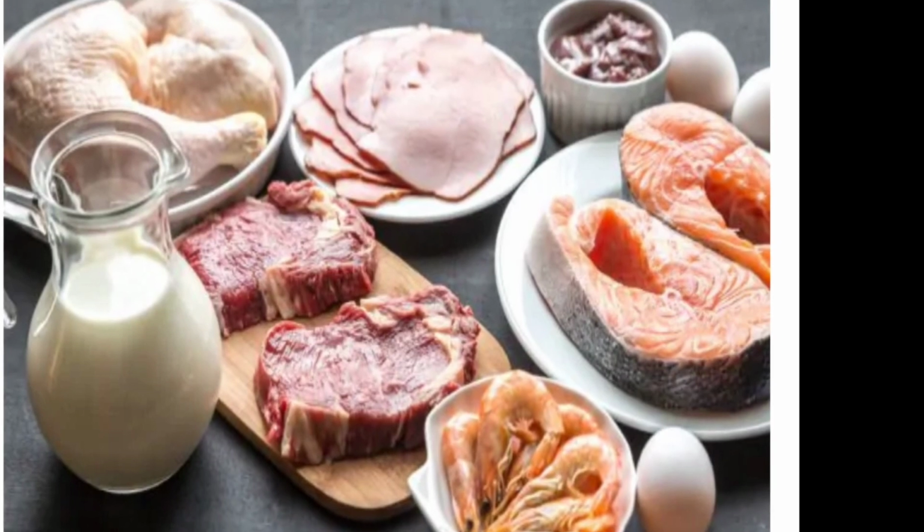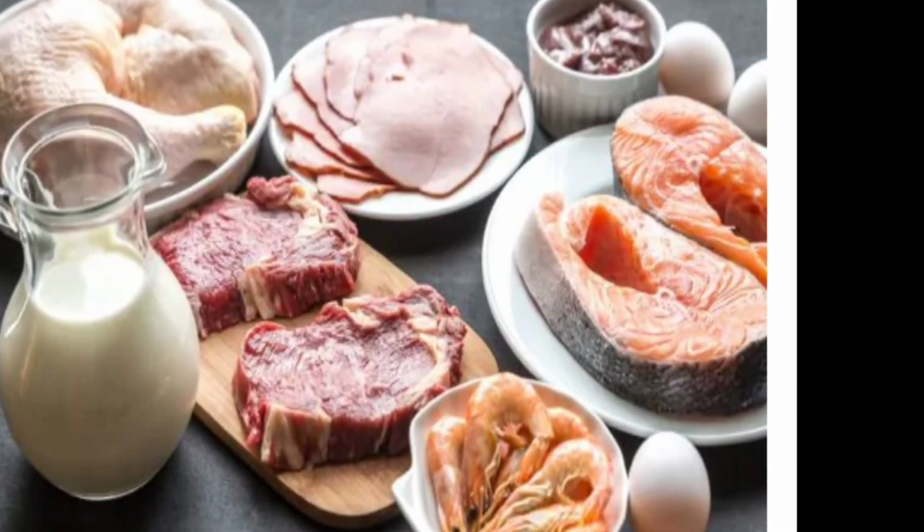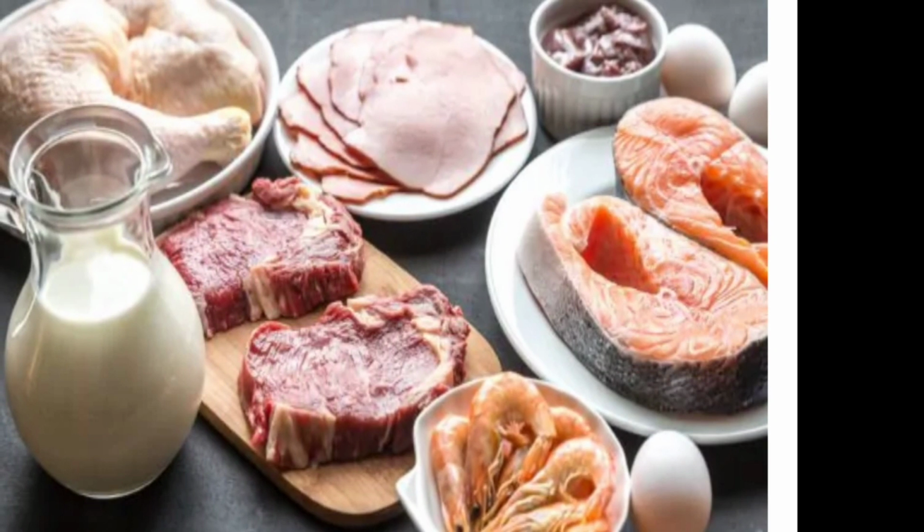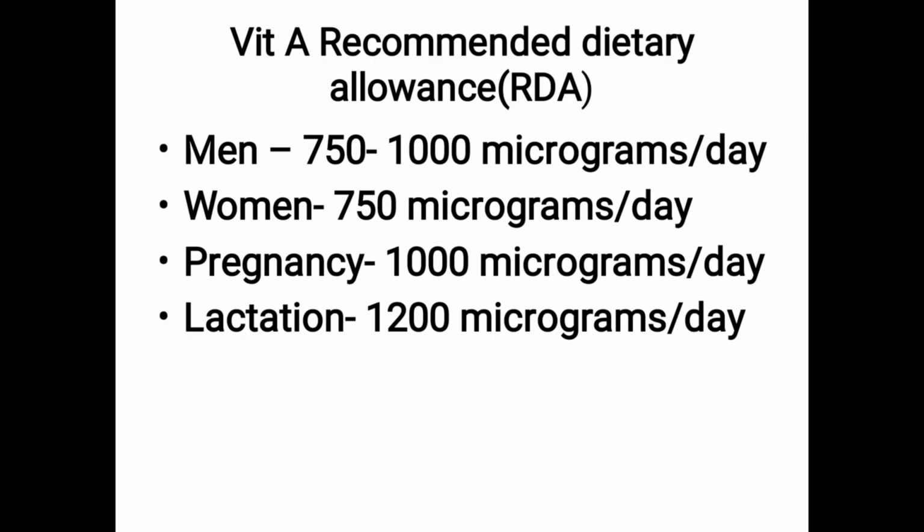Egg yolk and the liver part are rich, and fish liver oil is rich. So what is the recommended dietary allowance, RDA, for vitamin A? Men 750 micrograms per day, women 750 micrograms per day. In pregnancy a little more is required, so approximately 1000 micrograms per day, and in lactation 1200 micrograms per day.